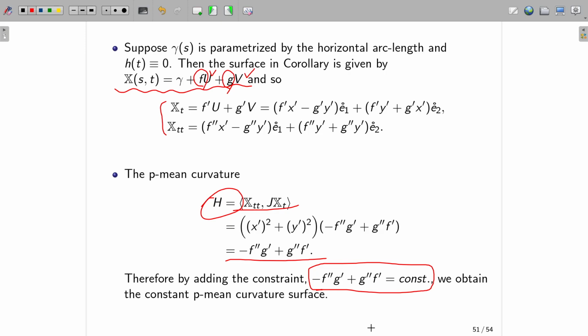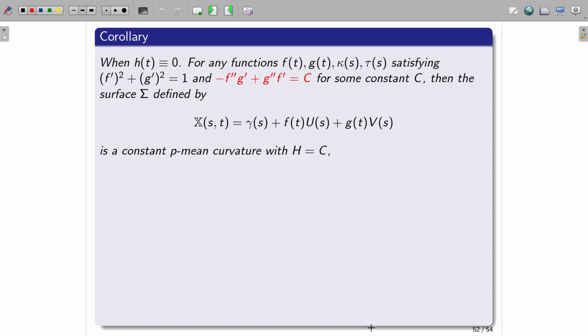So now we can construct the constant P mean curvature satisfying the Pansu-Gooding theory. So the corollary is like this: when h is equal to 0, what is h? Just the surface is equal to gamma plus f u g v.